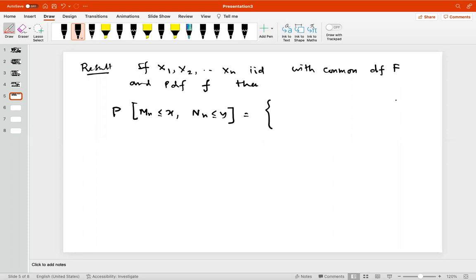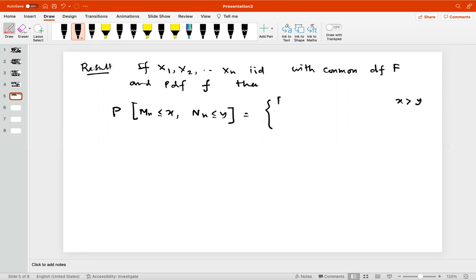So if x is greater than y, say x is 10 and y is 3, the maximum value is less than or equal to 10 and the minimum value is less than or equal to 3. That means at least one value is less than or equal to 3 and all the values are less than or equal to 10. So all the values are less than or equal to x and at least one value is less than or equal to y. And what is this?